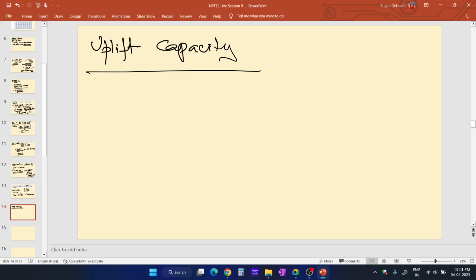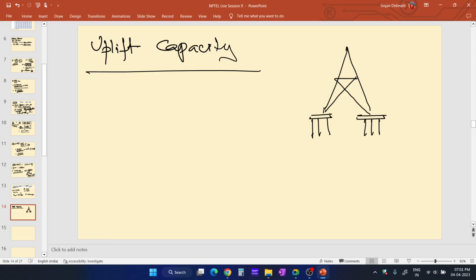See, in case of transmission towers, suppose these are transmission towers, and at the base of the transmission towers there are pile caps, and underneath there are piles. Transmission power towers are generally supported on pile foundations, like this. These are piles.